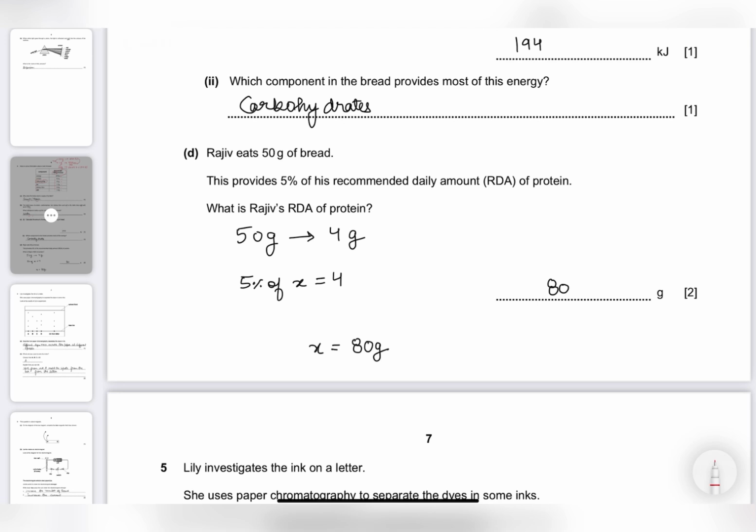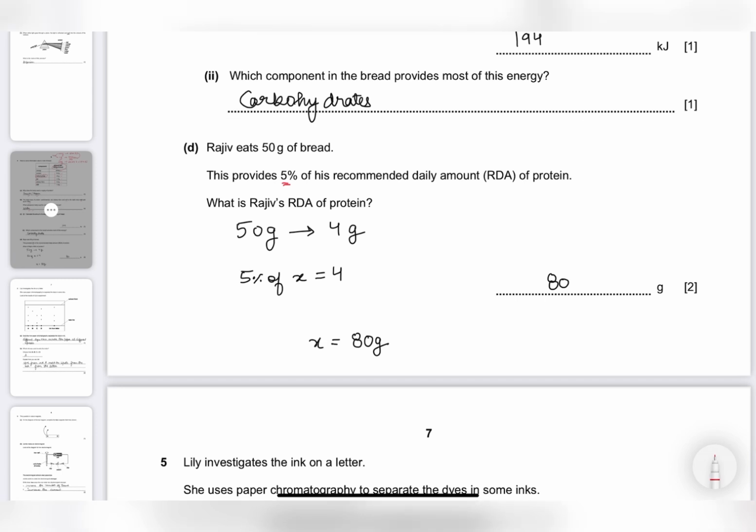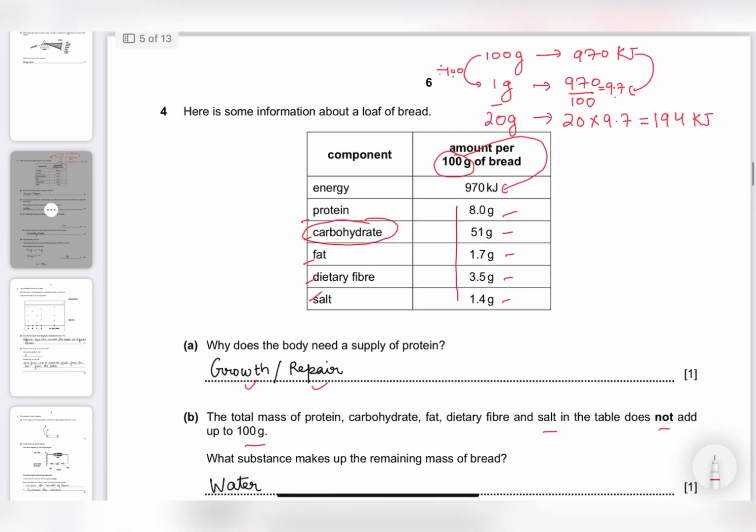Rajiv eats 50 grams of bread. This provides 5% of his recommended daily amount, that is RDA, of protein. What is Rajiv's RDA of protein? This is again mathematics. How can we solve it? See, 100 grams of bread gives us 8 grams of protein.